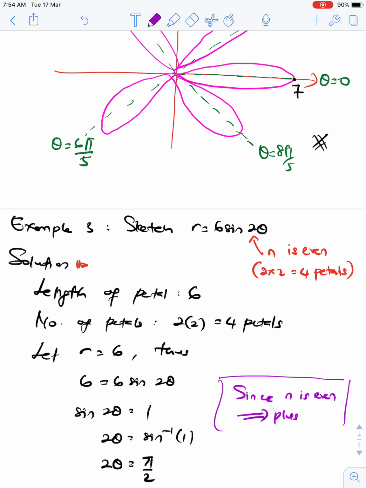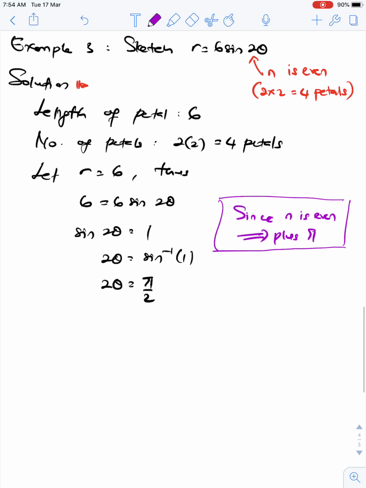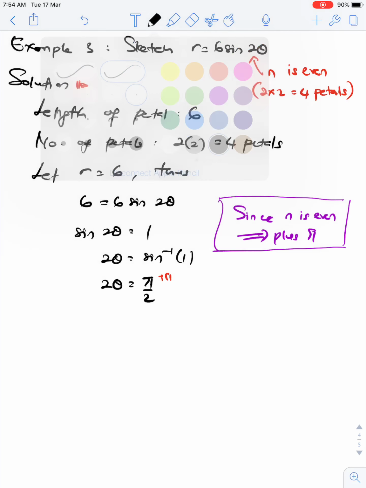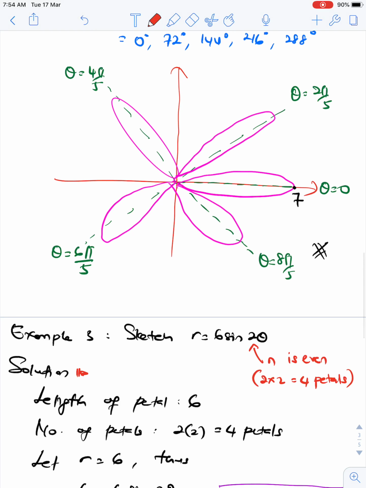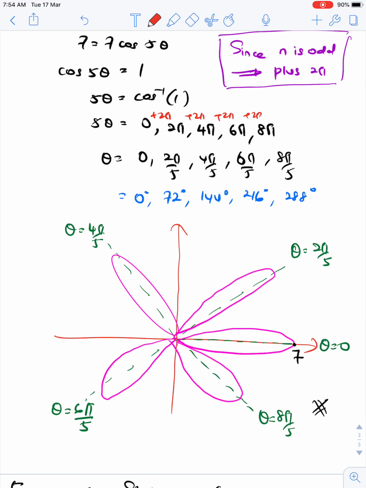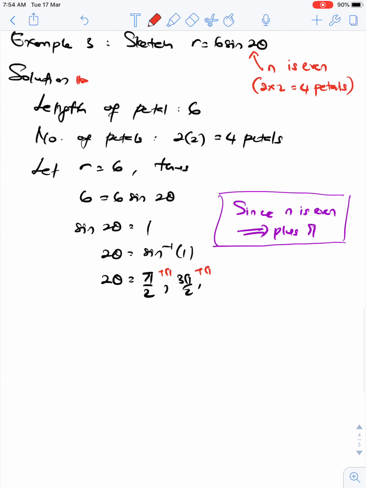Since n is even, we need to add pi only. We will have pi over 2 plus pi, which is 3 pi over 2, and then plus pi again. Previously we added 2 pi; in this case, we add pi.